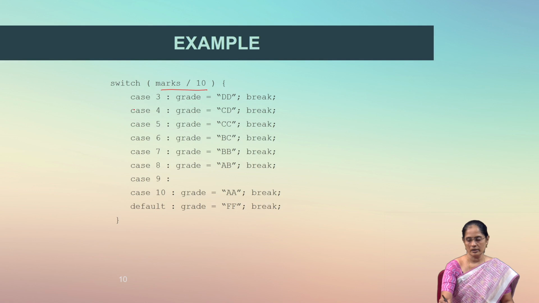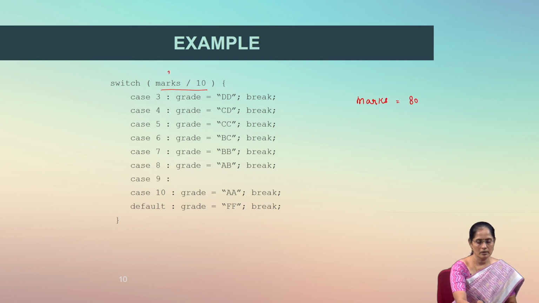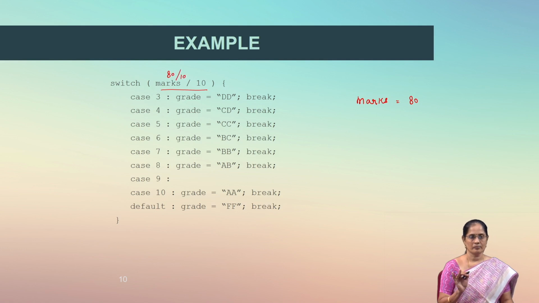Let us assume that the marks value is 80. The switch statement will be evaluated first, 80 by 10, and we get the integer value 8.